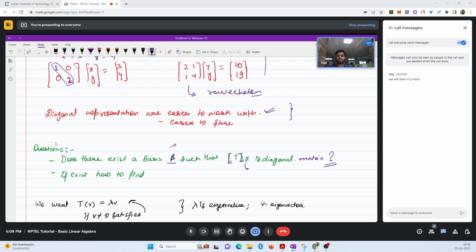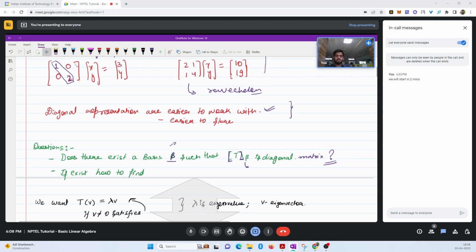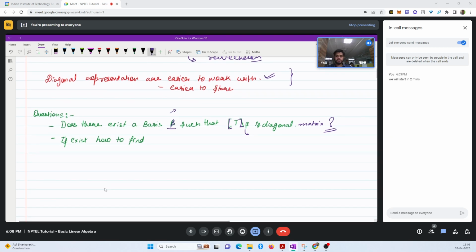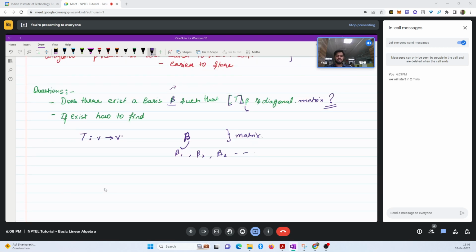Let's look at a very brief recap. Let's say you have a linear transformation T from V to V, and you have some basis beta, say beta 1, beta 2, beta 3. How do you write its matrix representation? First, you find the map T of beta 1.